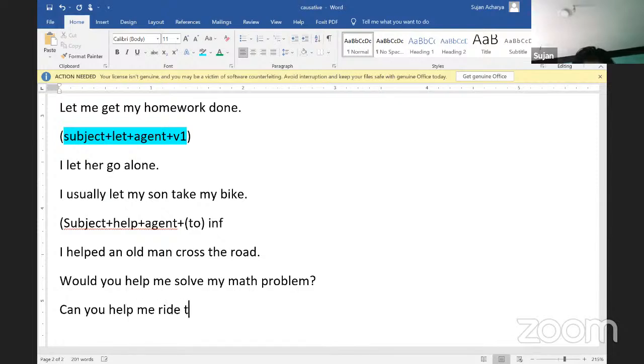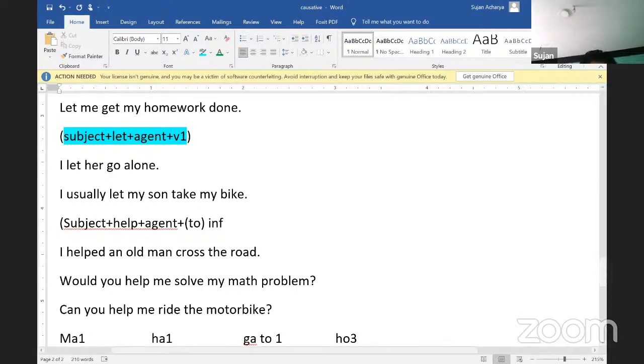Can you help me ride the motorbike, etc. All you need to do is to remember these formulas: make plus agent plus V1, have plus agent plus V1, get plus agent plus to plus V1, and if have, had, let or make is followed by an object, use V3.